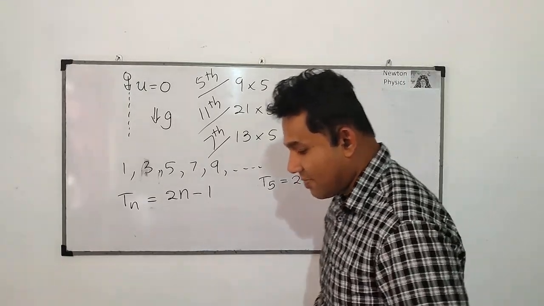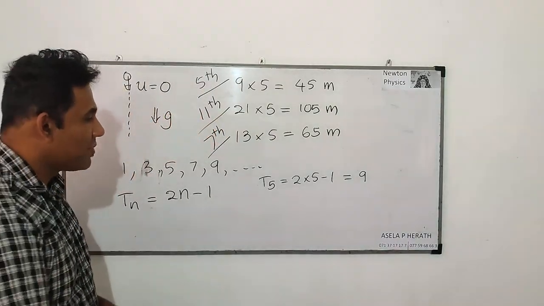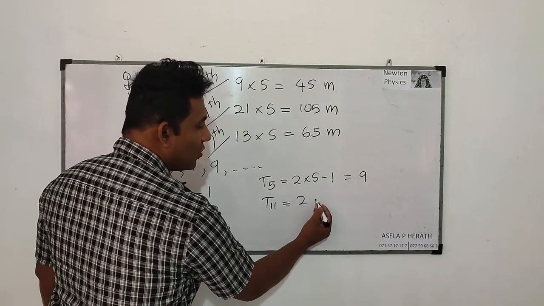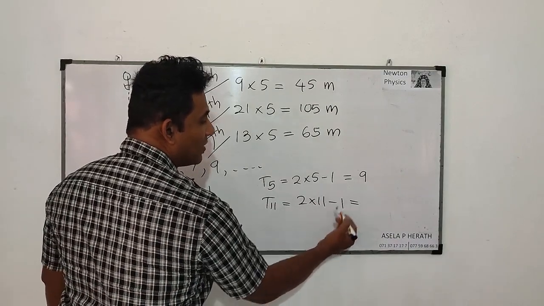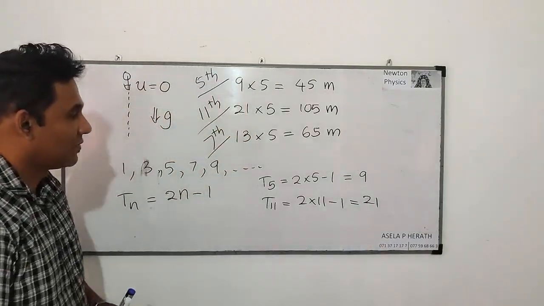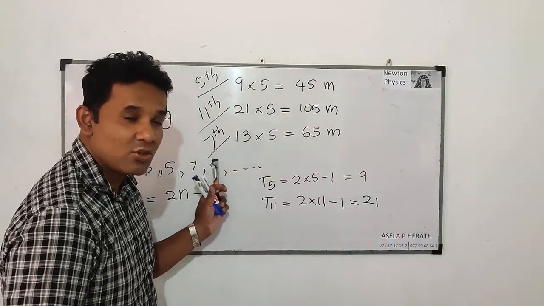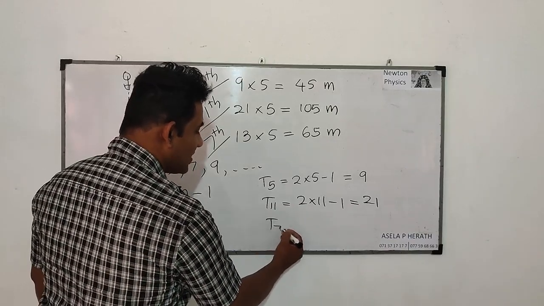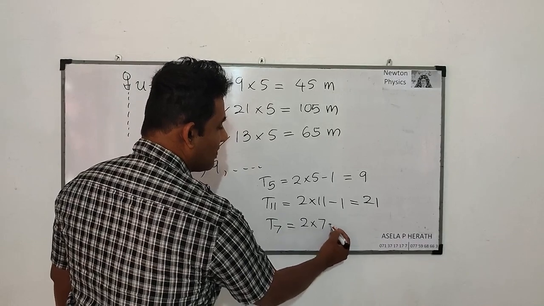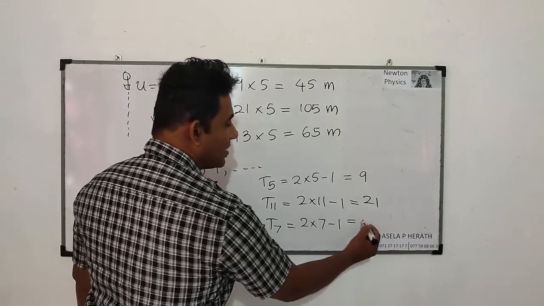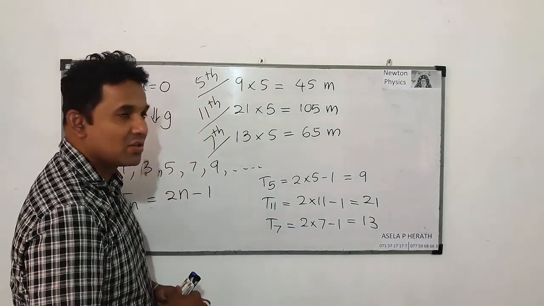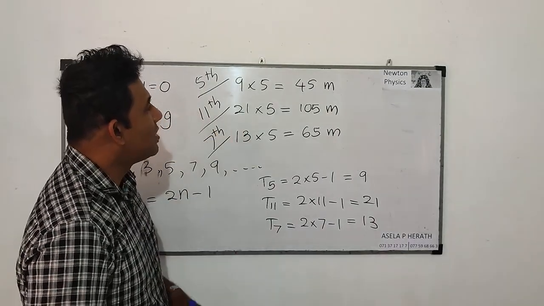And next, think about the 11th odd number, T11. It becomes 2 into 11 minus 1. That means it becomes 21. And think about the 7th odd number, T7. It becomes 2 into 7 minus 1, which is 13. Now you have all the numerical values that we took earlier to solve this problem.